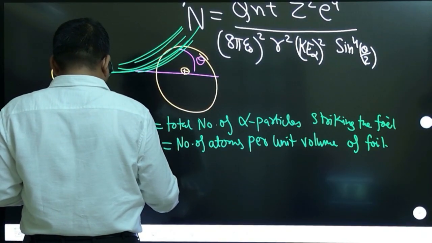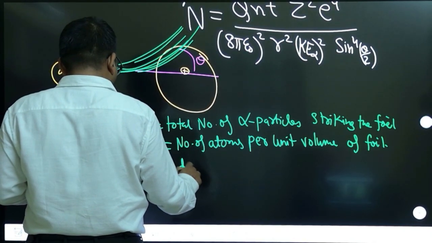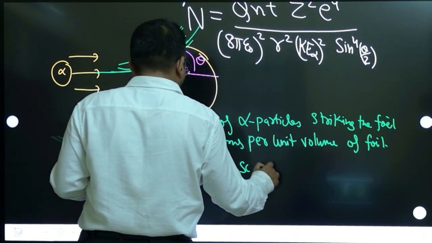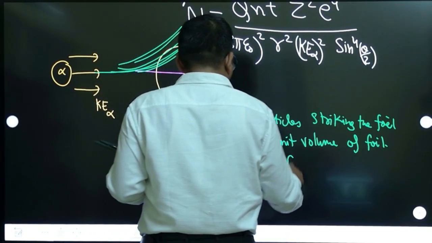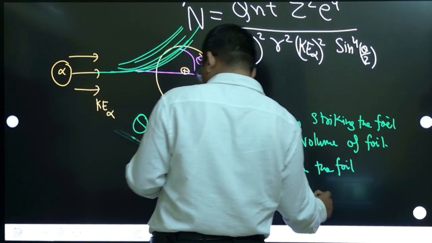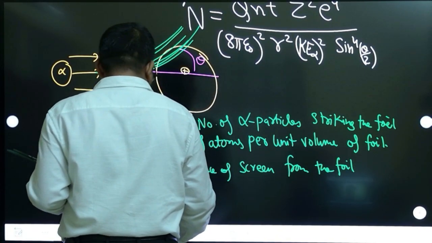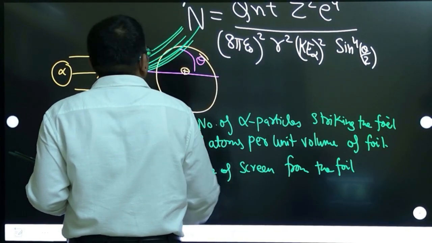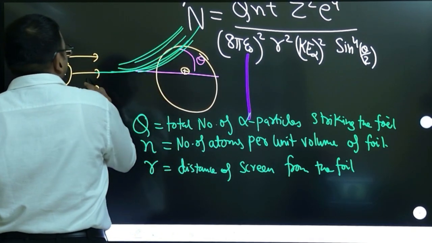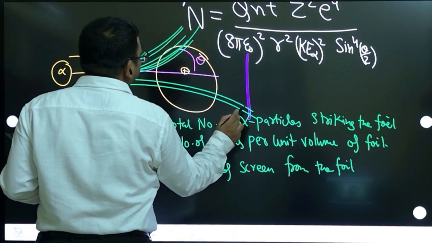What is small r? The distance of the screen from the foil. You will keep some screen here, and the alpha particles coming here will hit this screen.